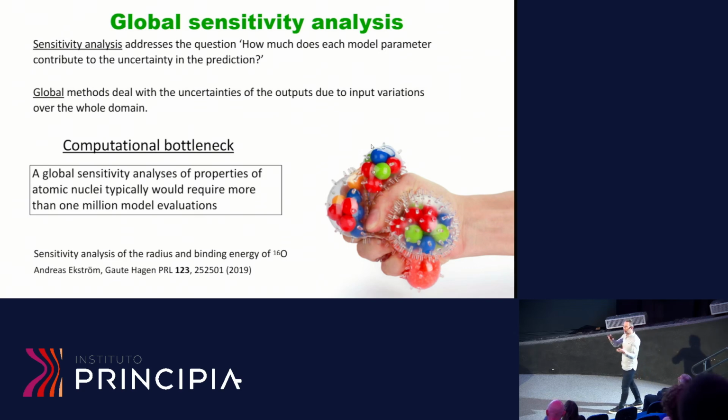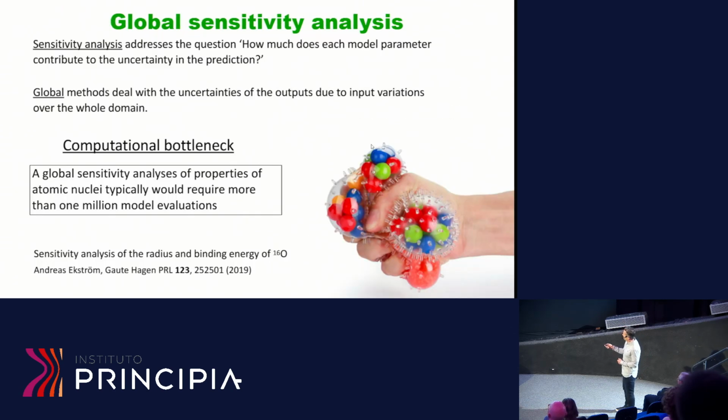Basically you have your chiral EFT model with a specific number of parameters, and you squeeze your model in a specific way, and you see how this impacts specific observables such as BE2s or 4+ to 2+ energy ratios for deformed nuclei. And this will tell you how specific parameters of your model impact these observables.